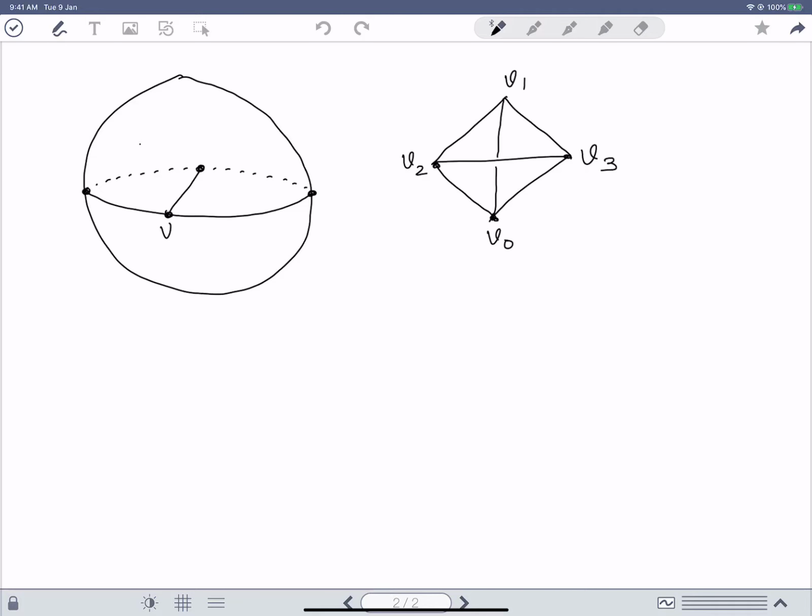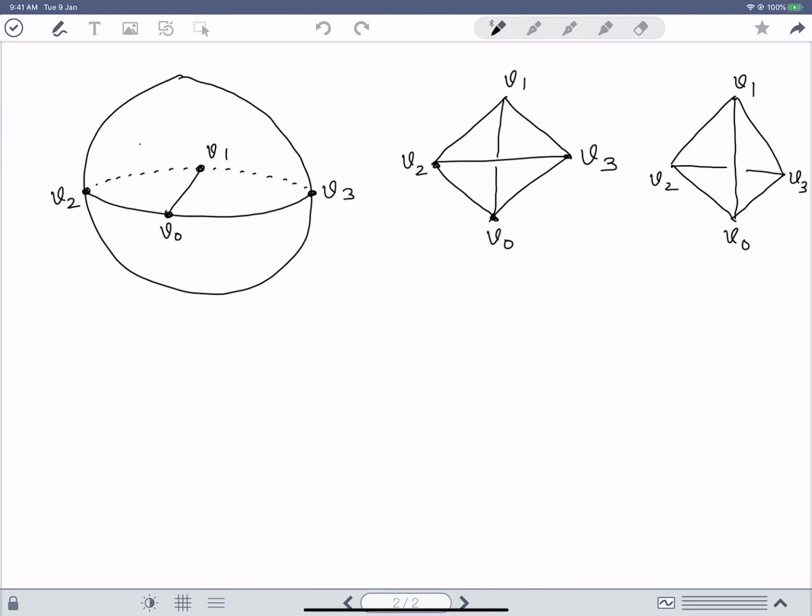So that means this is my V0, this is V1, this is V2, and this is V3. Okay, and suppose there is another tetrahedron, the lower one. So again, say V2, V3, say V1, V0.